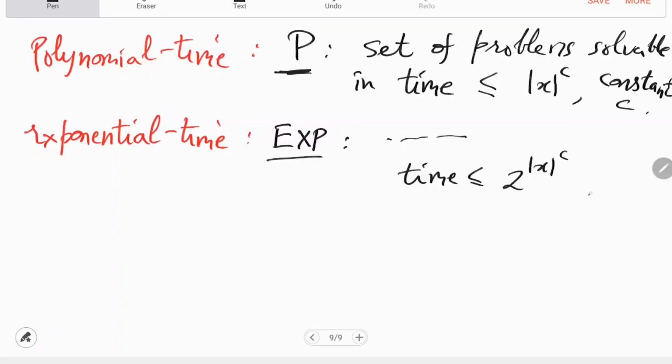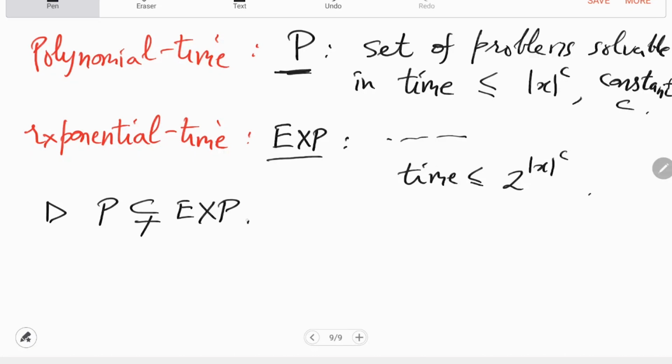This n raised to c goes in the exponent, so this is far more time available to you. Hence exp has far more problems than P has. There is a proof that we cover in the computational complexity course that P is strictly smaller than exp.